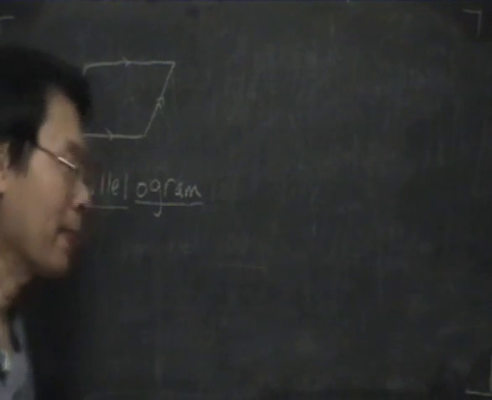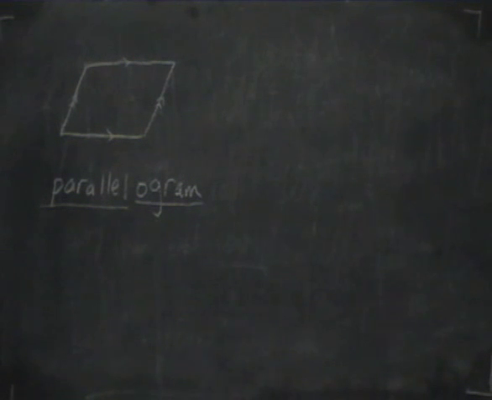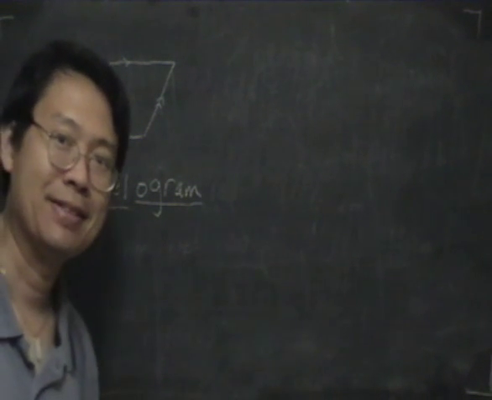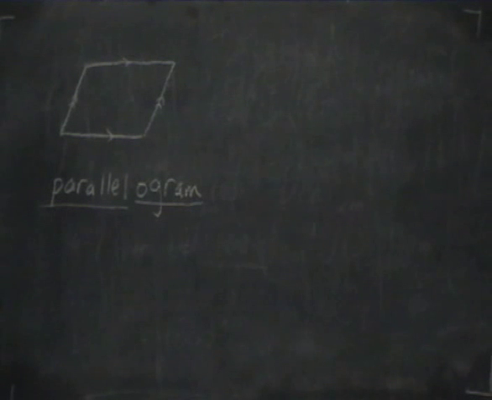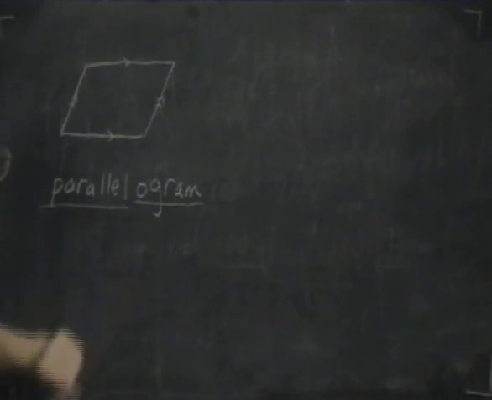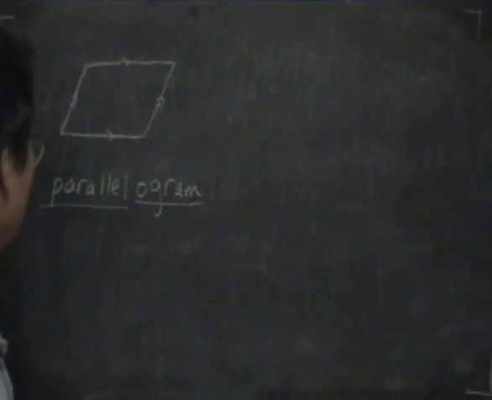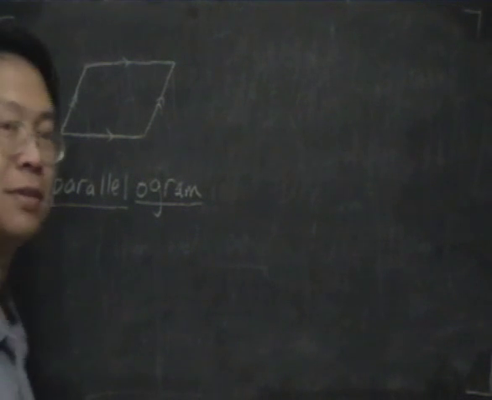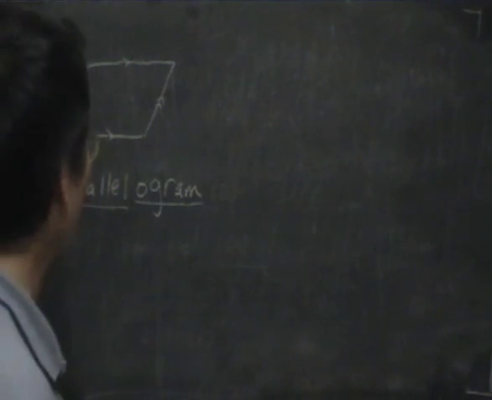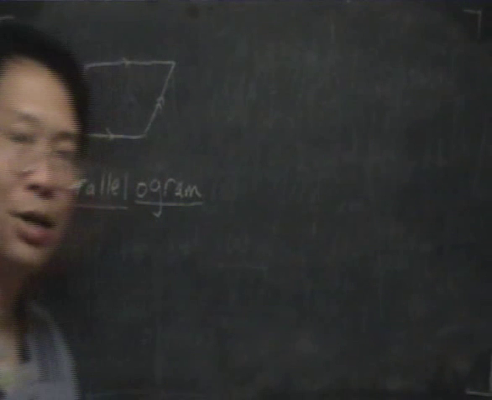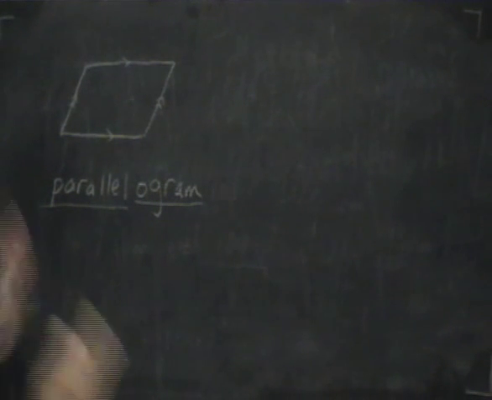There are 3 L's there, L, L, and L, 3 A's, and 2 R's. Long word. Right, how do we find the area of this parallelogram?